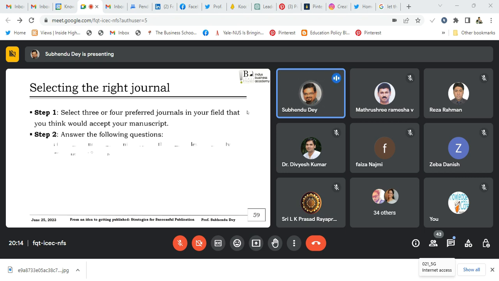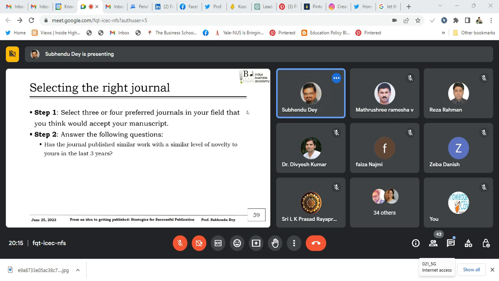Step 2, answer the following questions. Has the journal published similar work, with a similar level of novelty to yours, in the last 3 years? That's one thing which all of us keep looking at. If there is very similar work that has been published in the last 3 years, then don't send it to that journal.